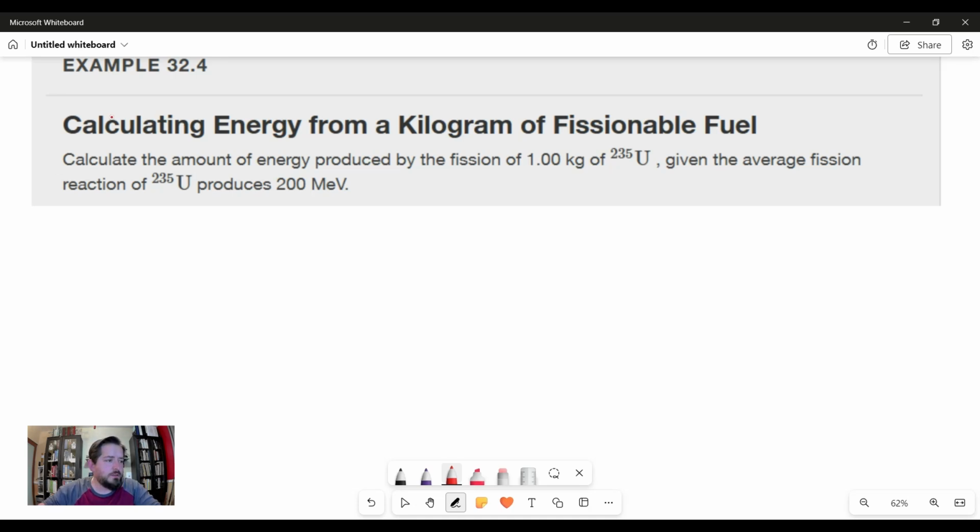So first, note that 1 mole of uranium-235 is 235.04 grams.